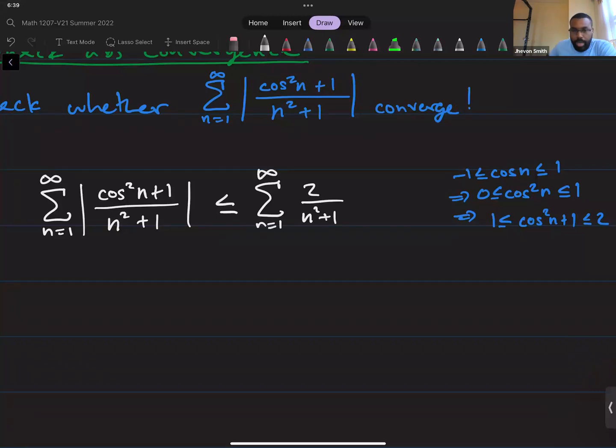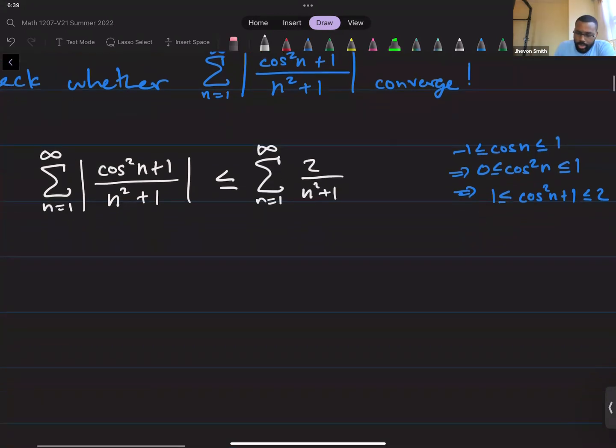Whatever value it's giving me, it's going to be less than or equal to the value of that. And now I can go further here, because I could make the denominator of this one smaller, say n squared, and it's going to be less than that. So ultimately, the original series I gave you, in absolute value, will be less than that series.